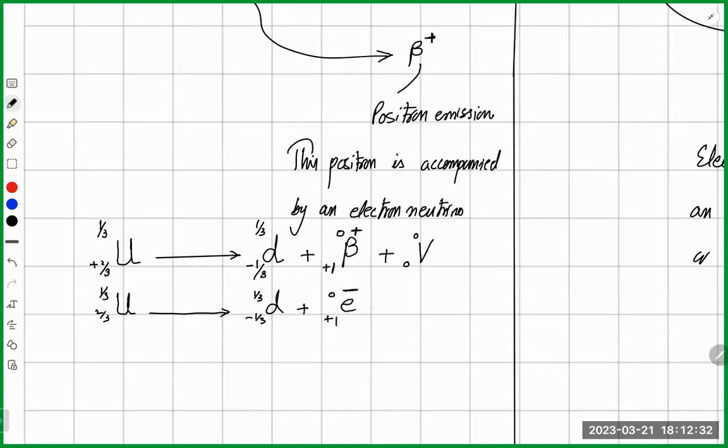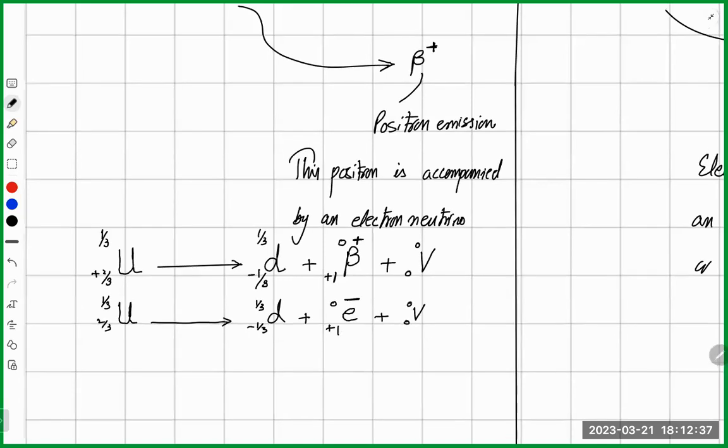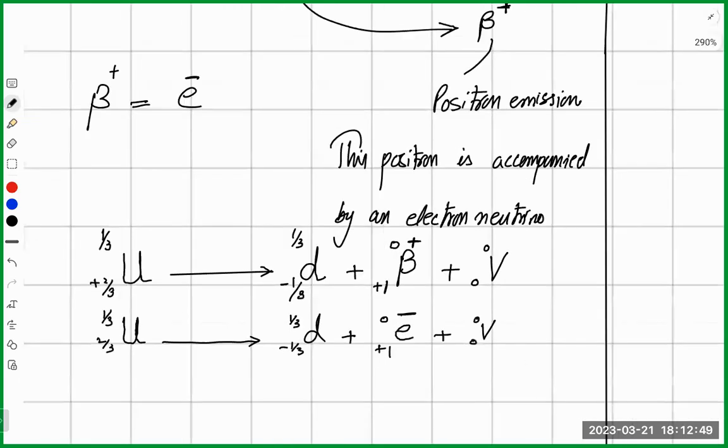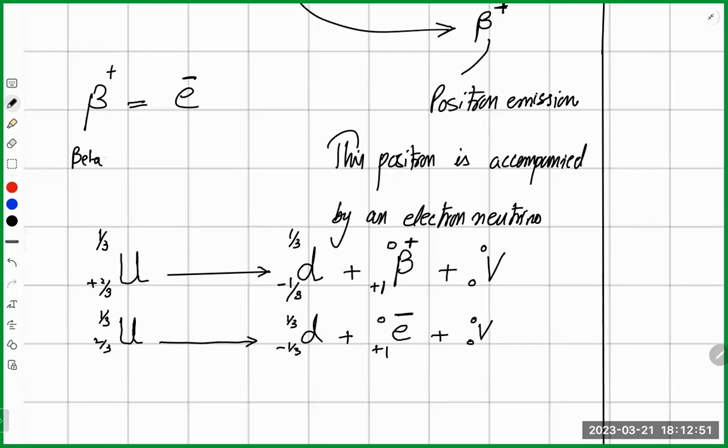I'm just writing a different version of the same thing, because beta plus is equal to an anti-electron or a positron.